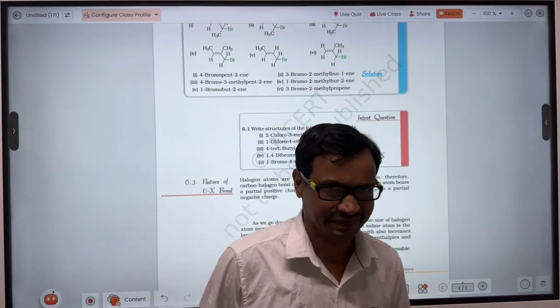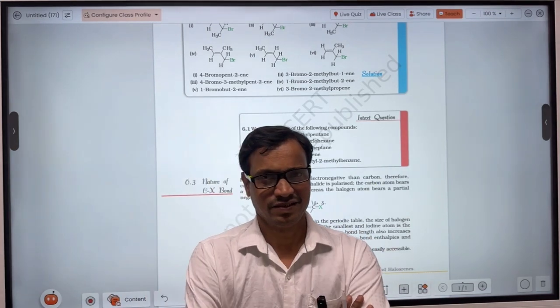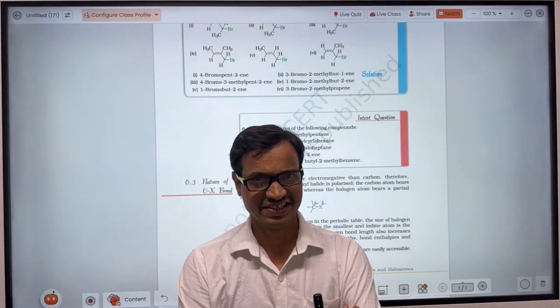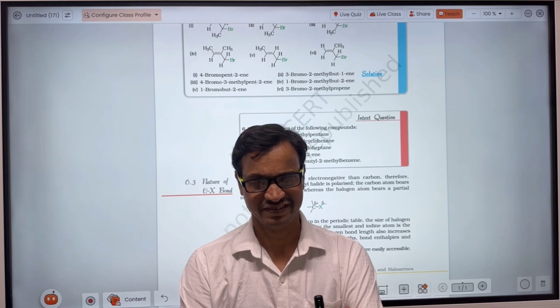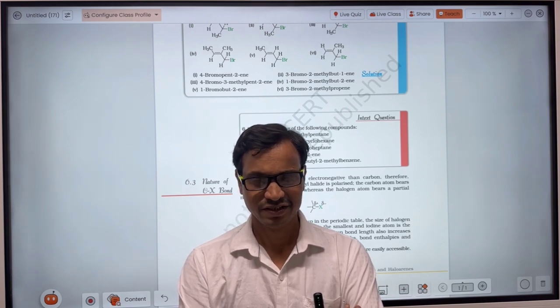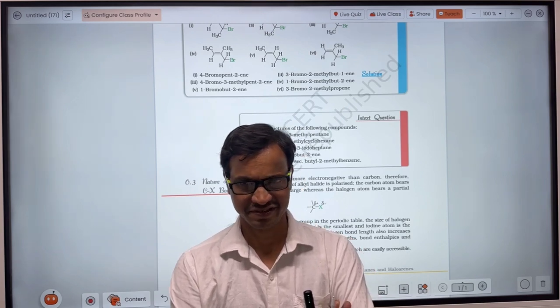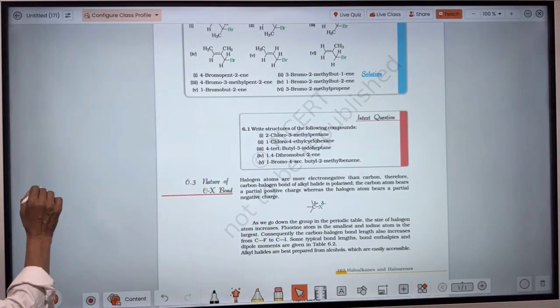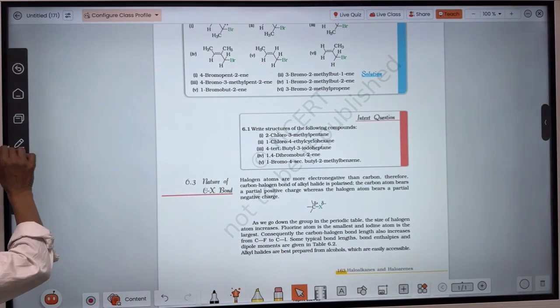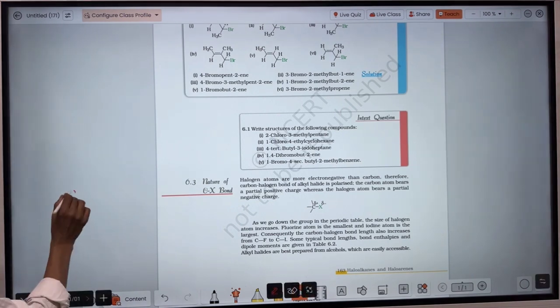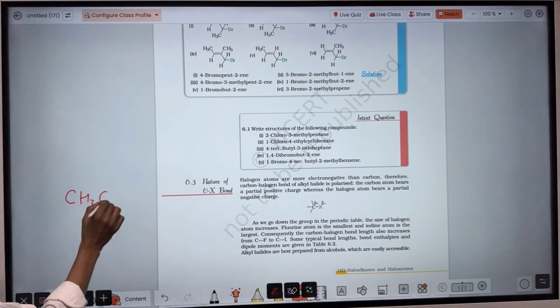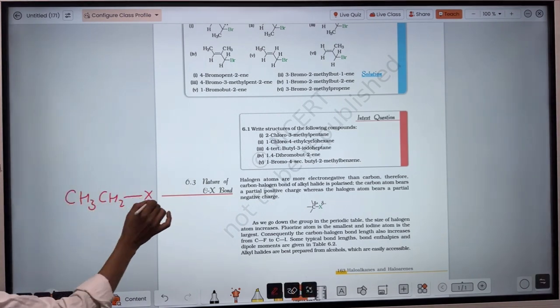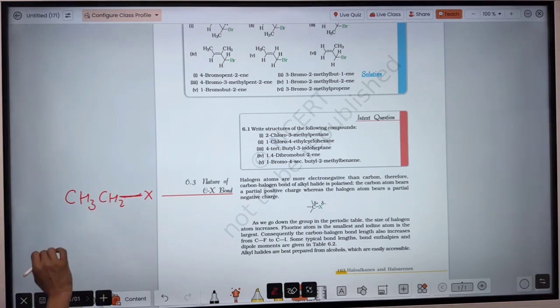You already know that halogens are the most electronegative elements. So what happens here? In a haloalkane molecule, the halogen atom attracts the shared pair of electrons towards itself.